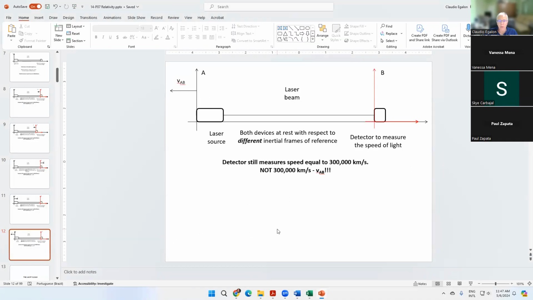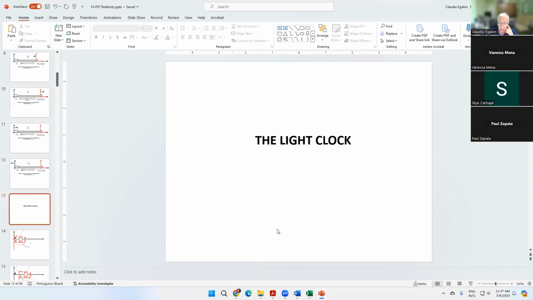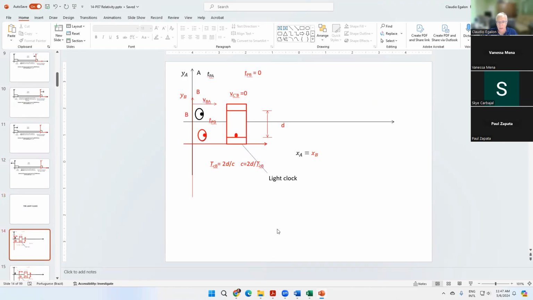So try to visualize in your mind how this light clock works. Here you go, the light clock is illustrated right in here. It's made up of two mirrors, one at the top and the other at the bottom, and a photon, or a very short beam of light, moving back and forth because of those reflecting surfaces. Can you visualize that?